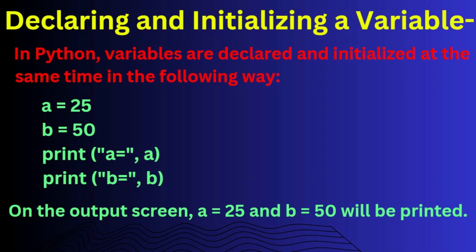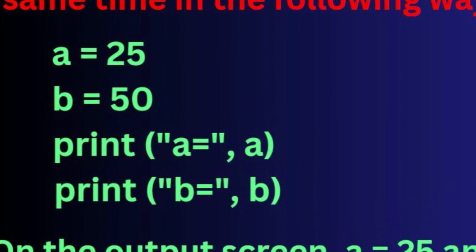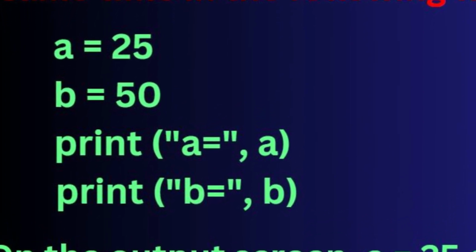Next topic is declaring and initializing a variable. How do we declare or initialize a variable? Variables are declared and initialized at the same time. Suppose a is equal to 25, b is equal to 50, then in the print function, within quotation, a equals, then comma, then a.